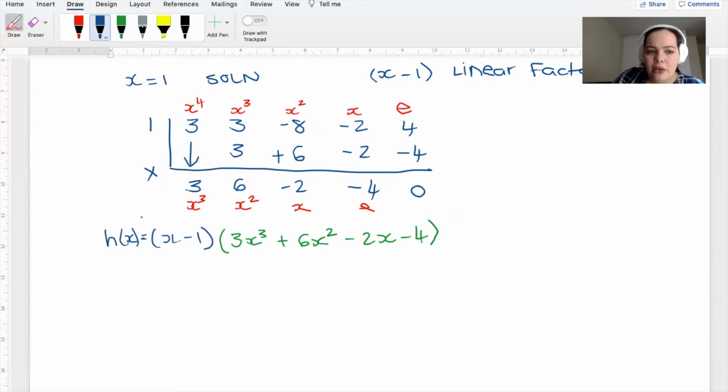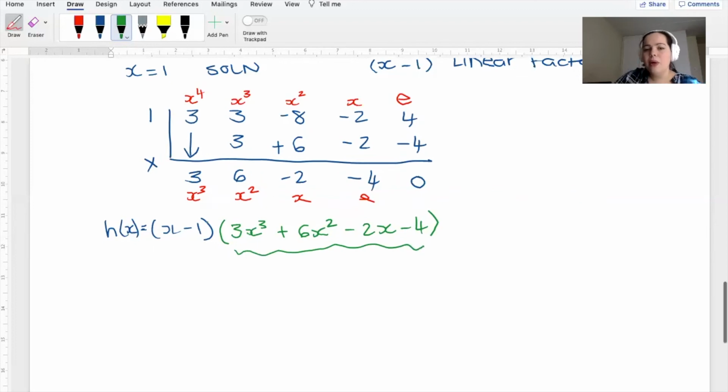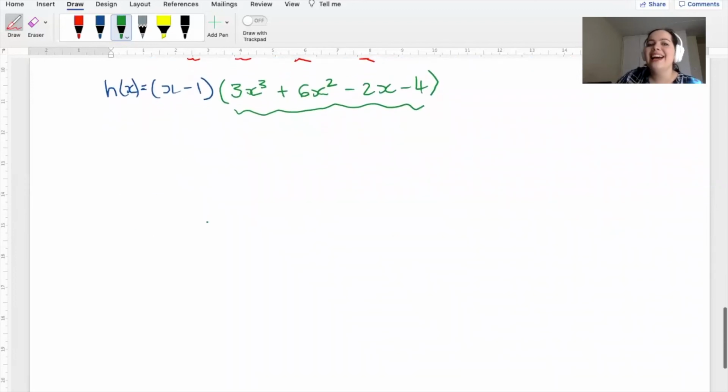You remember when we had a cubic, we still had to factorize the second one. Well, guess what? We have to factorize this cubic one. And you know exactly how to factorize it. You're going to find a value of x that makes this whole situation equal 0.